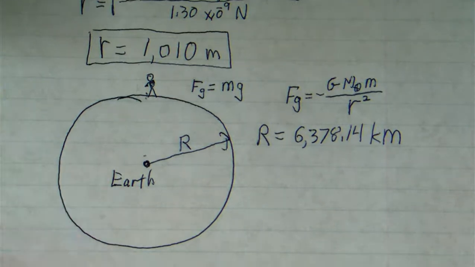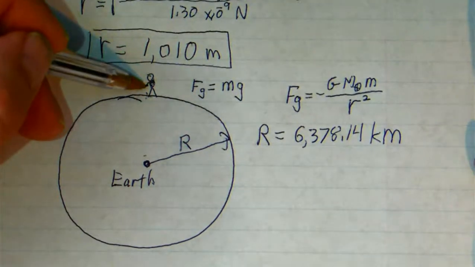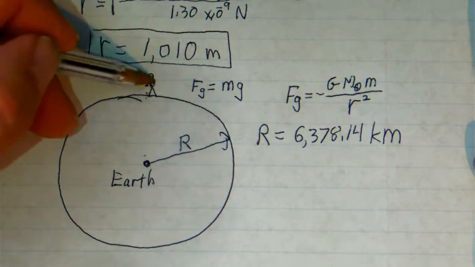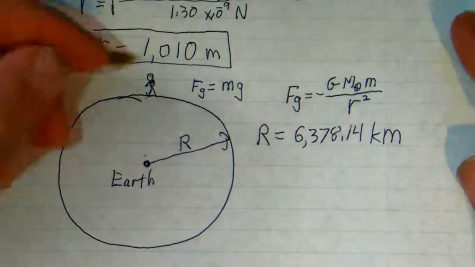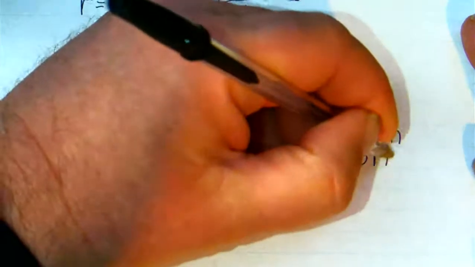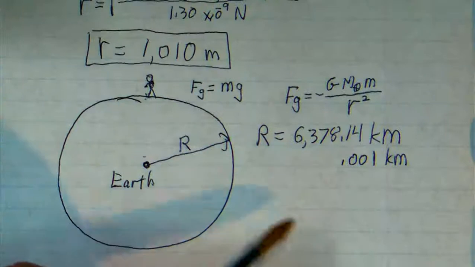And by the way, the Earth is not a perfect sphere, so this is an average. You might be maybe 2 meters tall, and so the center of you might be 1 meter above the surface of the average Earth. That makes it 0.001 kilometers above this average value of the Earth.